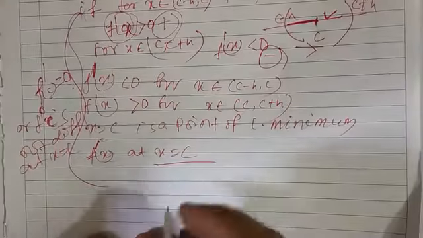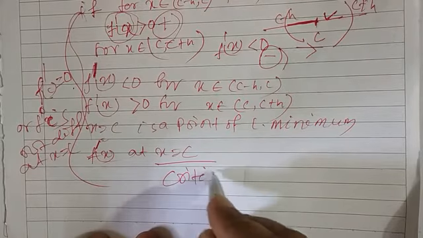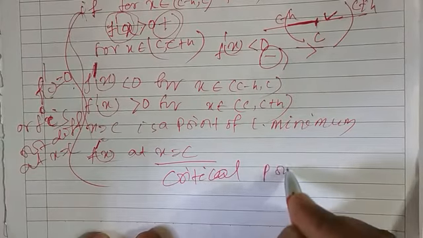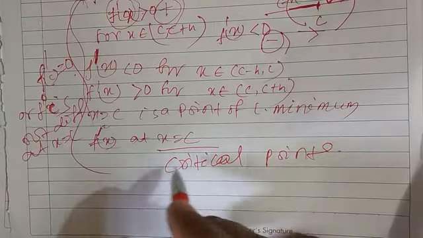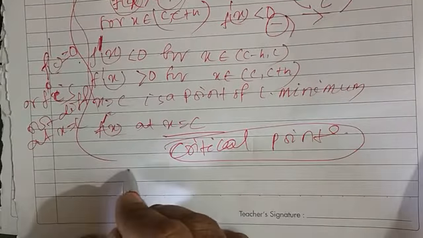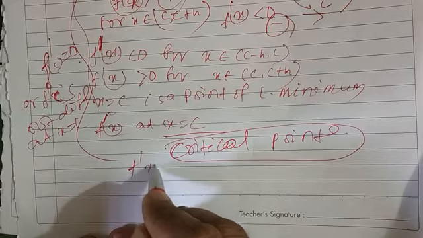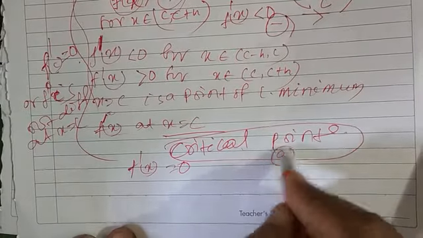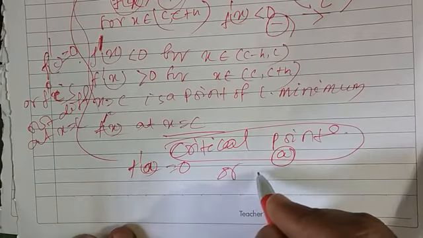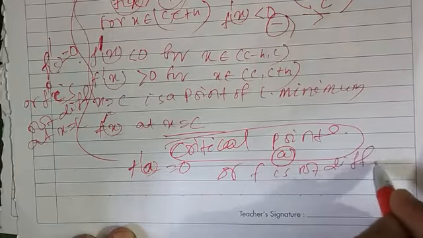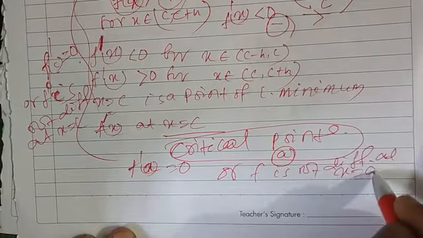points. What points? Critical points. How to get critical points? These are the points where f dash x is 0 for that point. If a is a critical point, so f dash a is 0, or f is not differentiable at x equal to a.